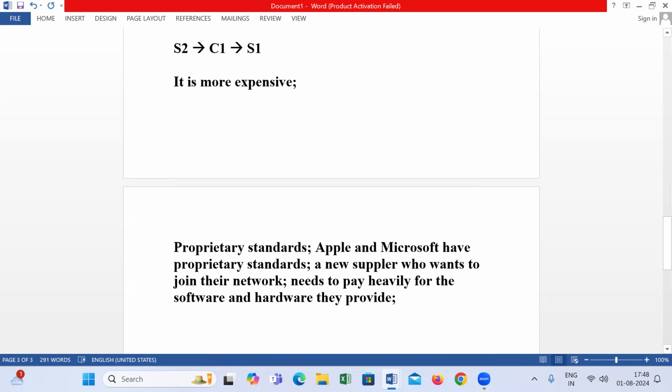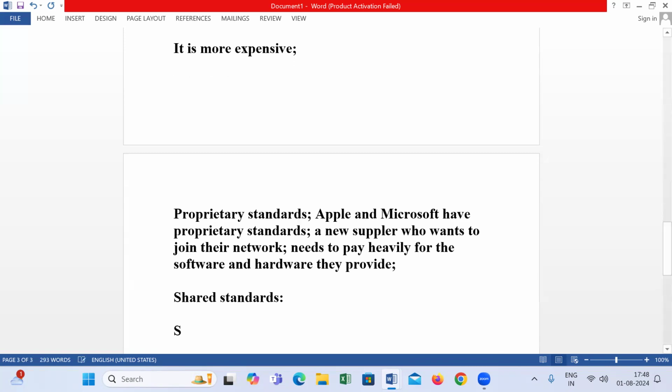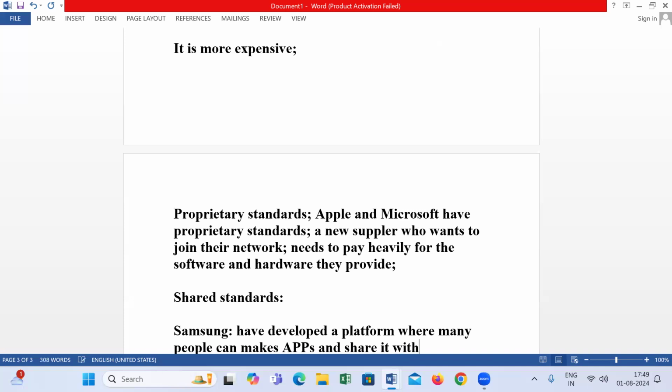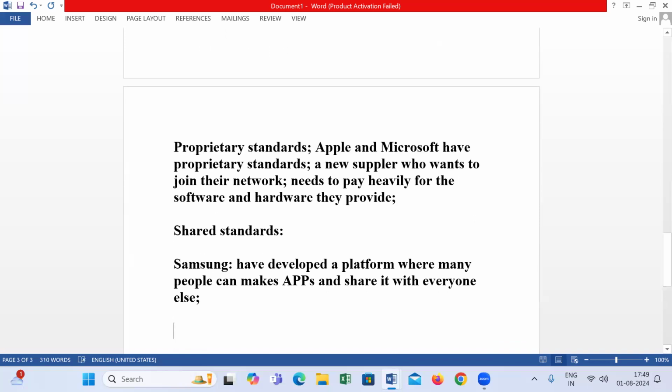On the other hand, we have shared standards. Companies like Samsung have developed a platform where many people can make apps and share with everyone else. We will see when to use proprietary standards and when to use shared standards.